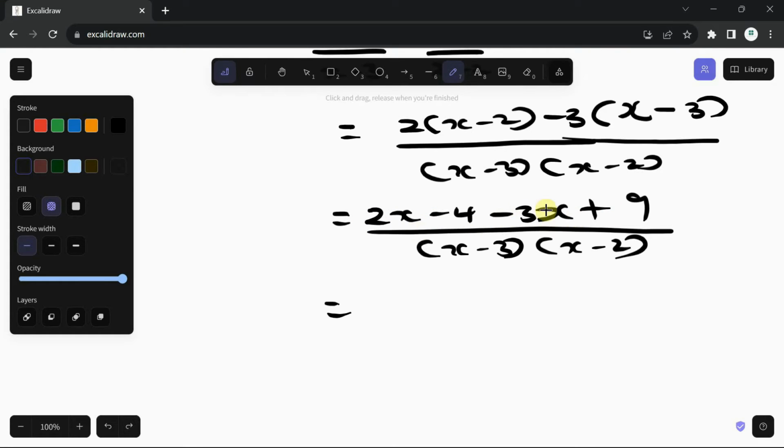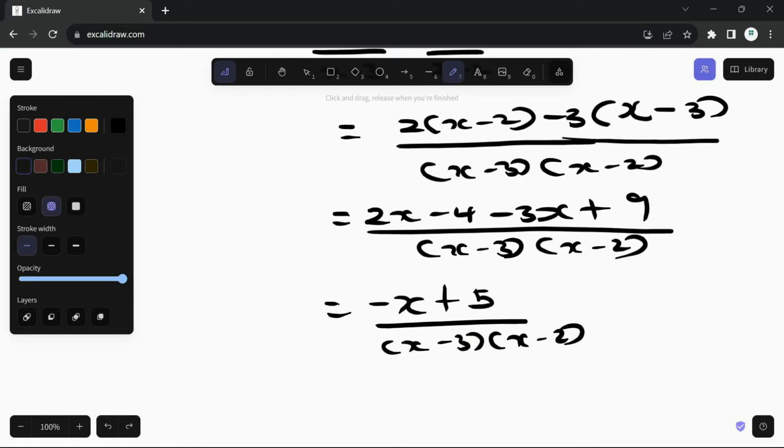You owe somebody 3 naira, you pay the person 2 naira, that means you're still owing the person 1 naira, so minus x. Then minus 4 plus 9, right? Which means 9 minus 4, that will give me plus 5. You're owing somebody 4 naira and you pay the person 9 naira, of course you already have a credit of 5 naira with the person. So all over (x minus 3)(x minus 2), right? So this is the simplest form that we can leave our answer.